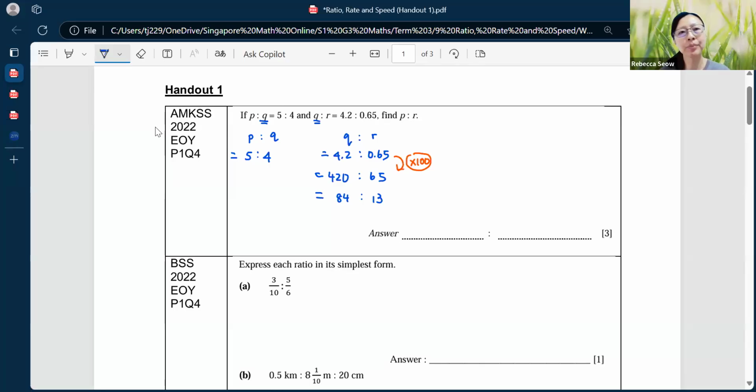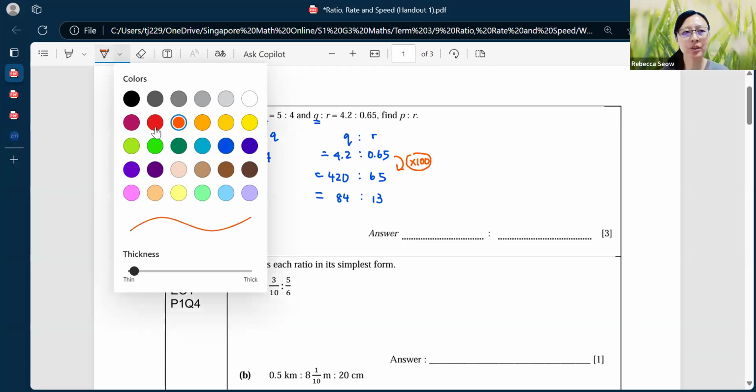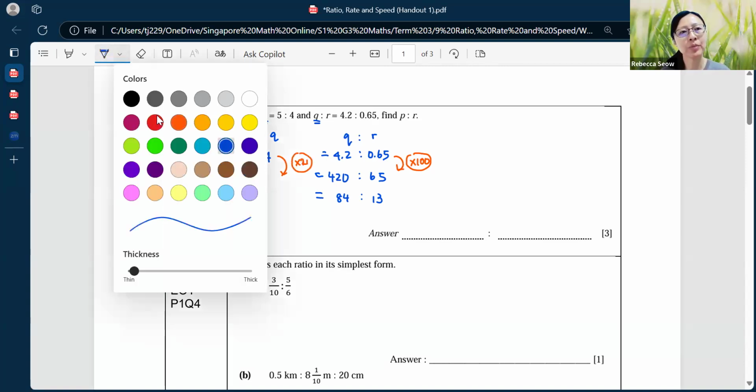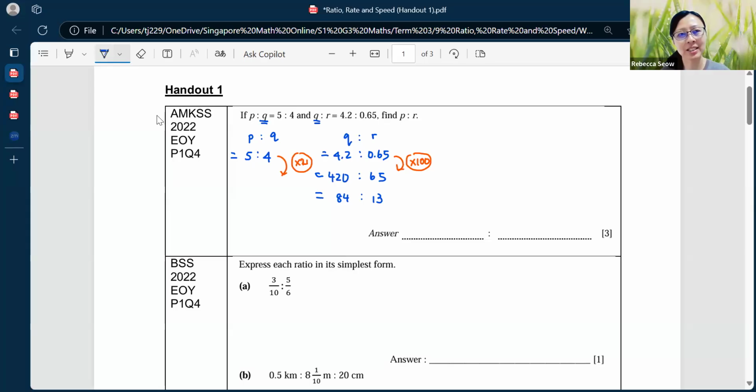Now, how do we bring 4 up to 84, which is the quantity of Q in the second ratio? You will notice that if we were to multiply it by 21, we will end up with Q being 84 units.